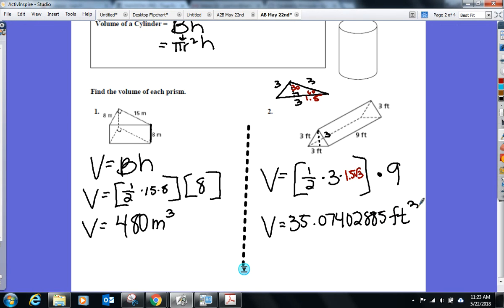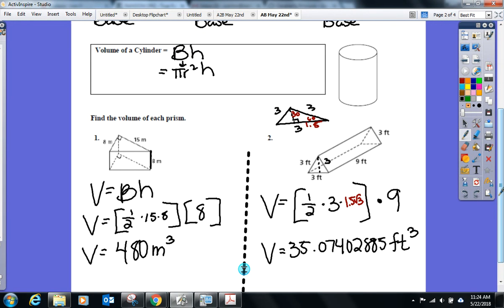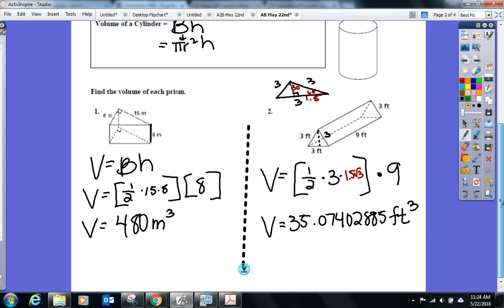Cubic feet? Yep, Emily, go. Why don't you want to find the area of both? Because remember, the big B just stands for area of a base, not both bases. Okay? Just for surface area.